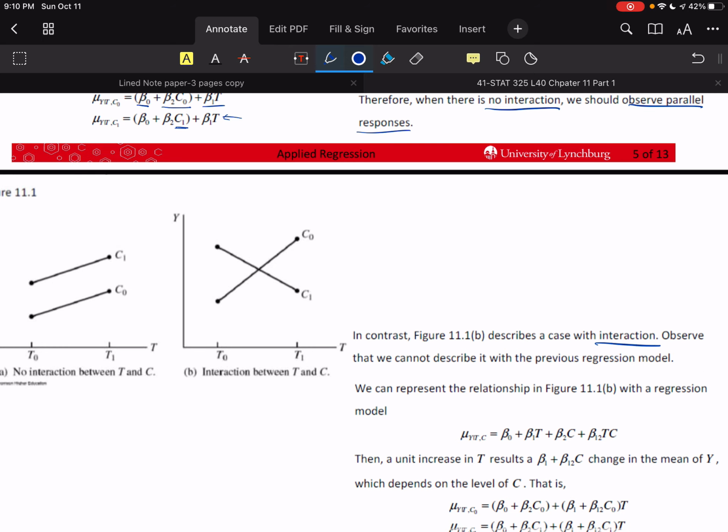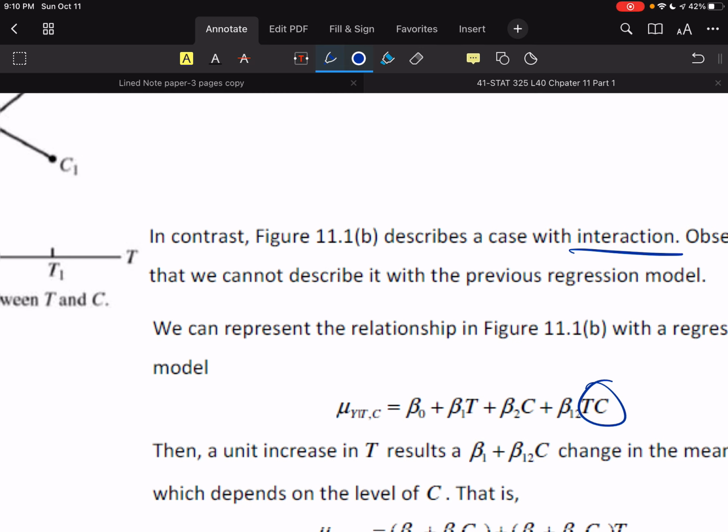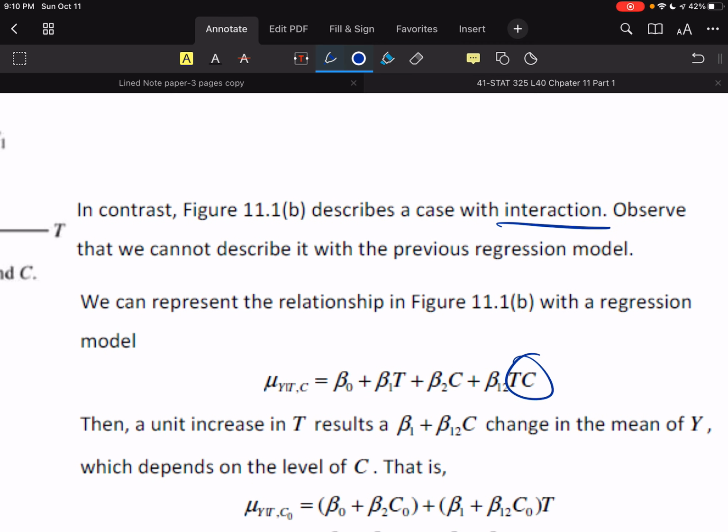In order to describe this adequately, we have to add this interaction term, t times c. So now, if we look at this, a unit increase in t results in a beta 1 plus beta 1 2 c change in the mean of y.